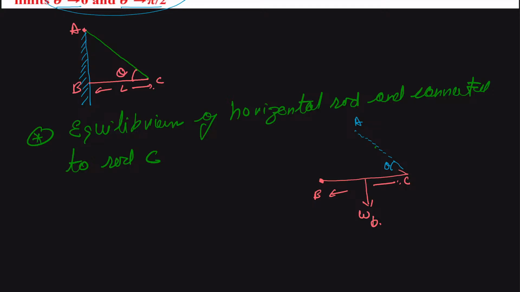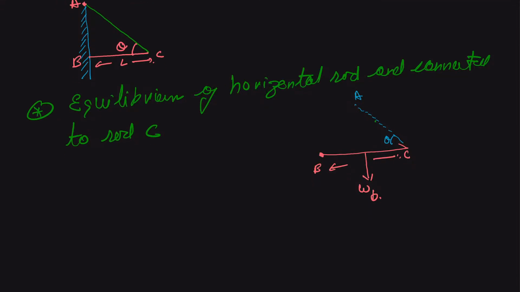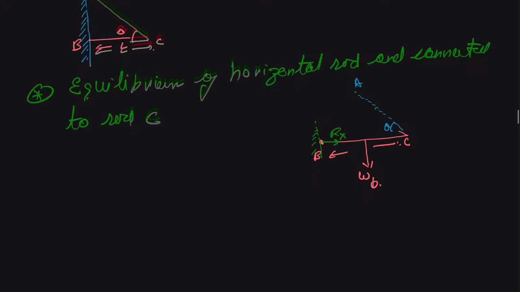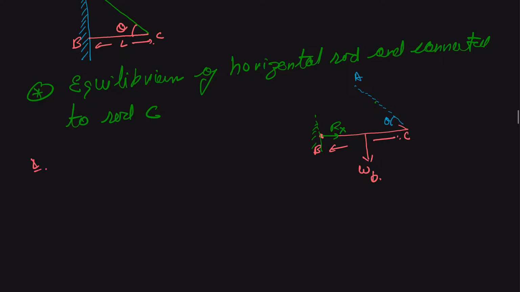And so there will be a reaction of the wall on this B. Let us call this R of X. Therefore, we can write it as reaction at wall B, or we can put it as forces on the bottom rod.